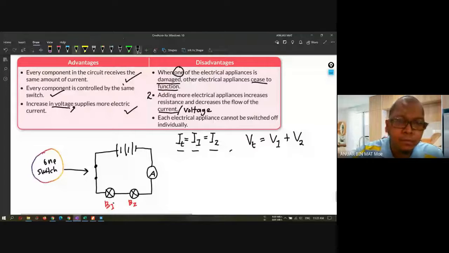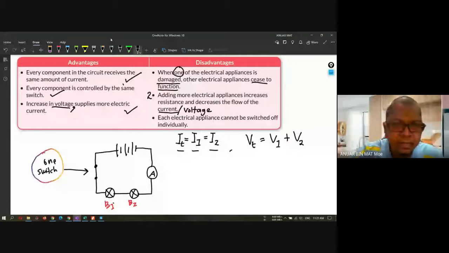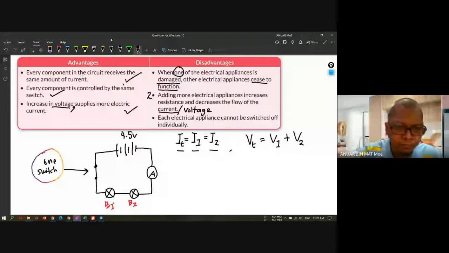Never mind. For example, we have three batteries, three dry cells here, and the total voltage for the battery here is about 4.5 volt. Okay, 4.5 volt.